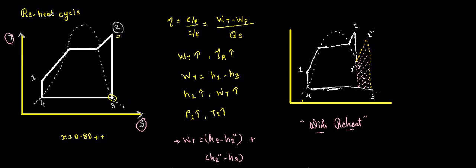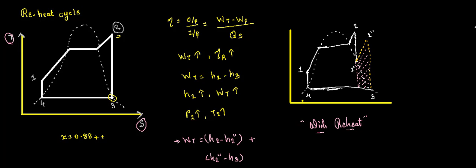The Rankine cycle is applicable to a thermal power plant in which 1 to 2 represents the boiler, 2 to 3 represents the turbine, 3 to 4 represents the condenser, and 4 to 1 represents the pump, which we have already discussed in lecture number 20. If you have not attended that lecture, you can find it from the given link. I will share this link in your WhatsApp group.